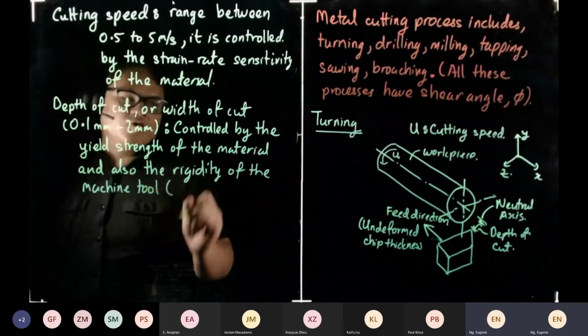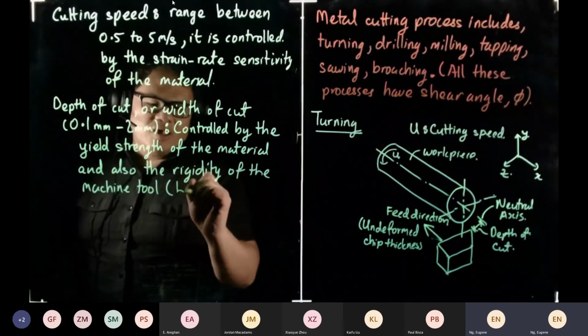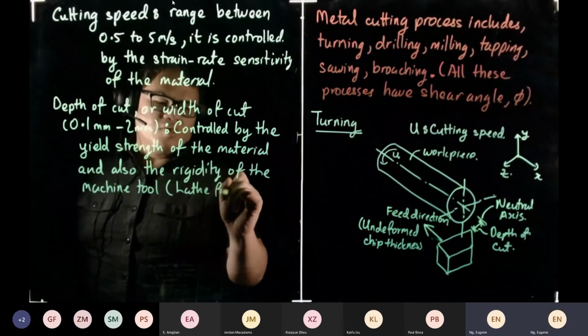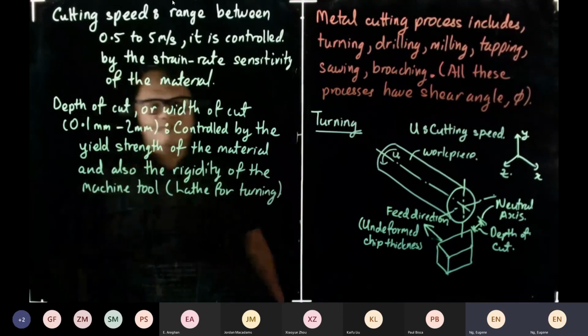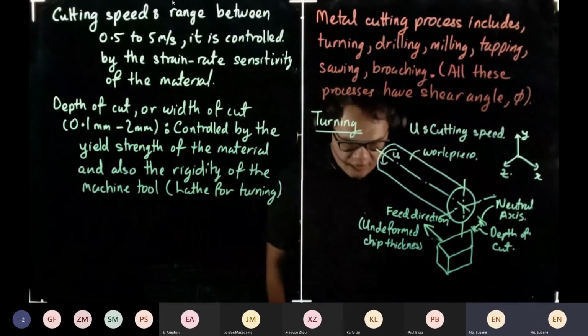The machine over here for turning is the lathe. So that is the depth of cut, width of cut.